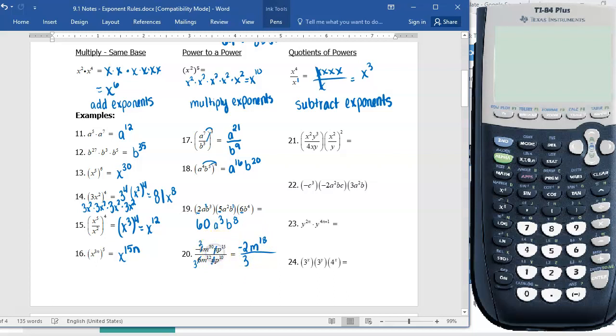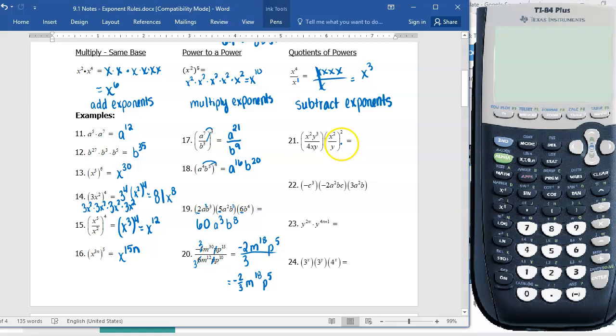The n's are going to cancel each other out because I've got one on top and bottom. And then I'm going to have p to the 15th over p to the 10th, which is going to give me p to the 5th. You may see this written like this, or it might be written like this, negative 2/3 m to the 18th, p to the 5th.